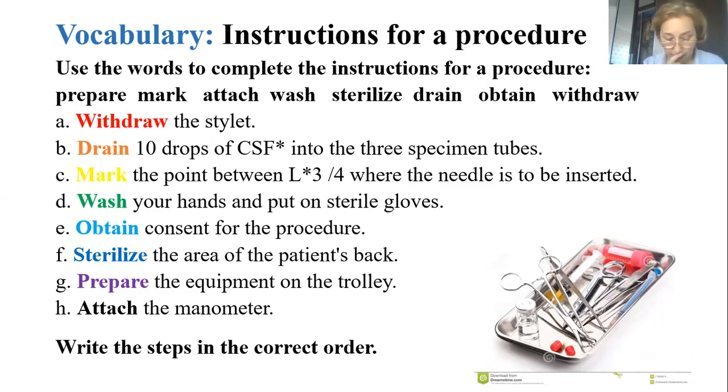Okay, then, do we know which area to sterilize? So mark the point. Yes, we should mark the point on the back of the patient, and then maybe we can sterilize the patient's back. Then what happens next?